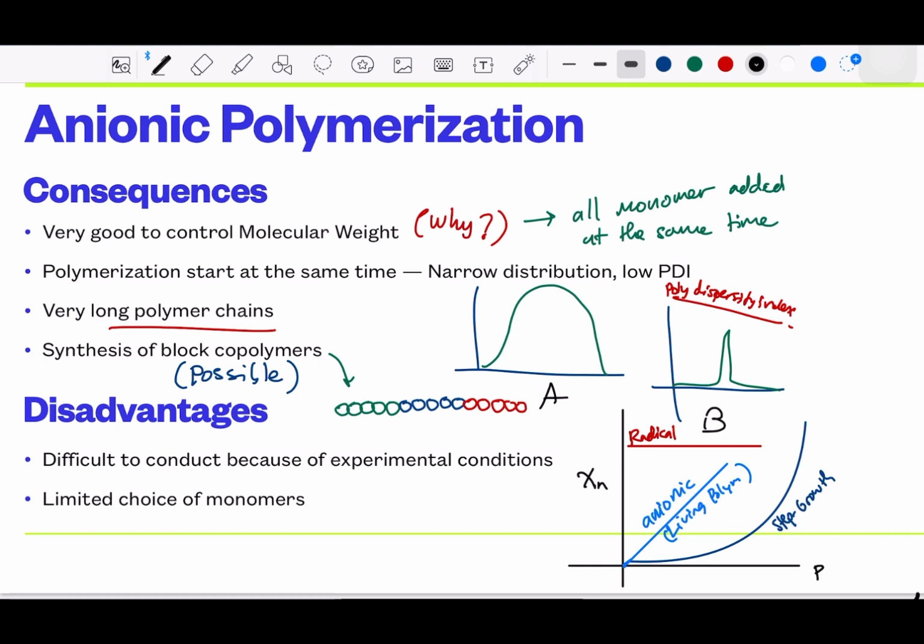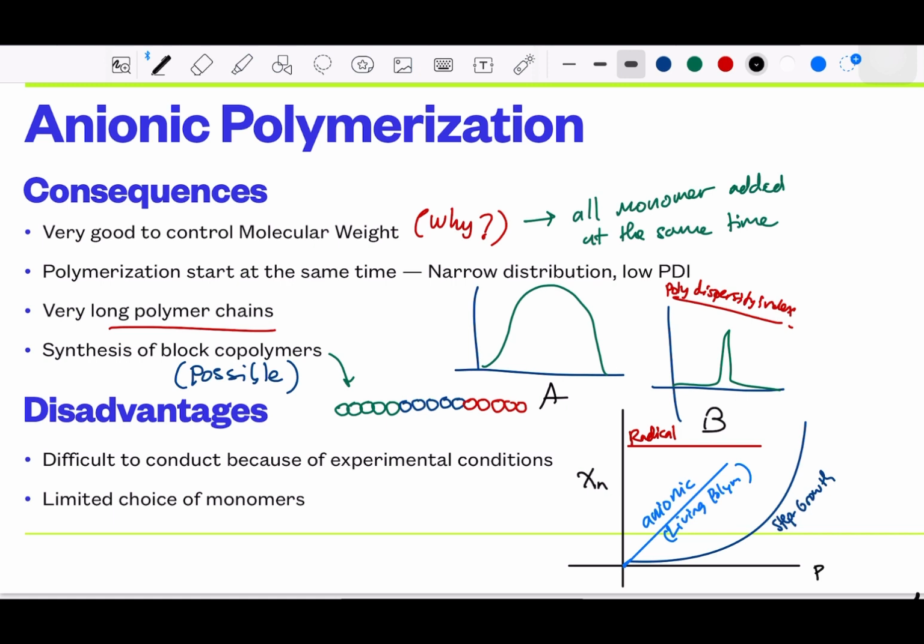Now from this idea of living polymerization from the anionic polymerization, if we can make something in polymerizations, we can make the polymerization never stop. It's always polymerizing, but not using ions.